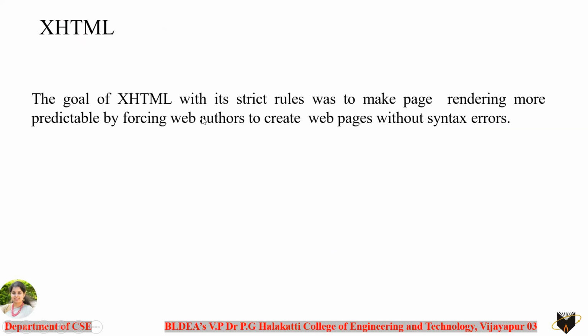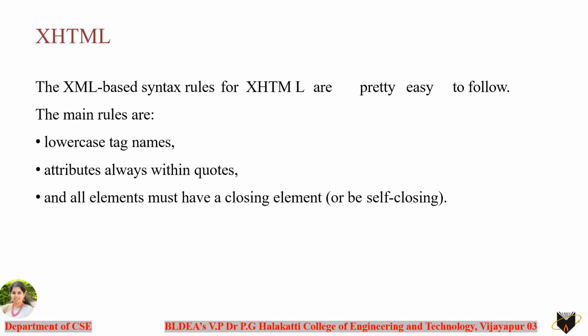The goal of XHTML with its strict rules was to make page rendering more predictable by forcing web authors to create web pages without syntax errors. So with the introduction of XHTML, certain restrictions have been put on authors or web developers to make uniform web pages on the internet with minimum syntax errors.